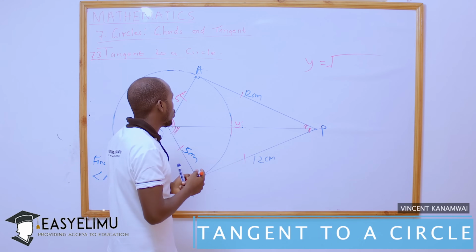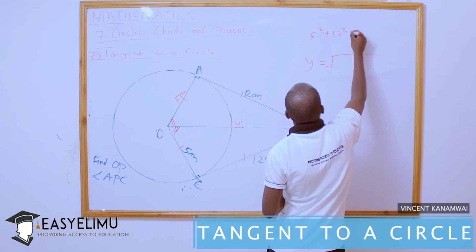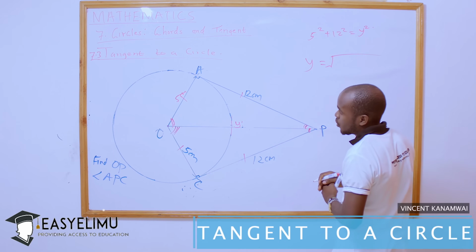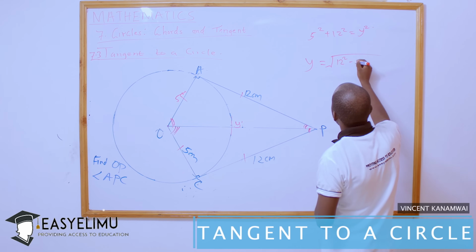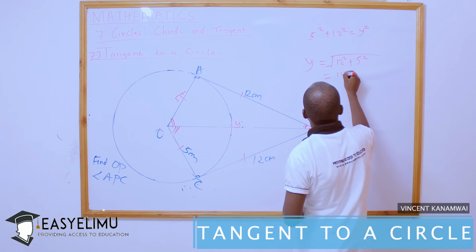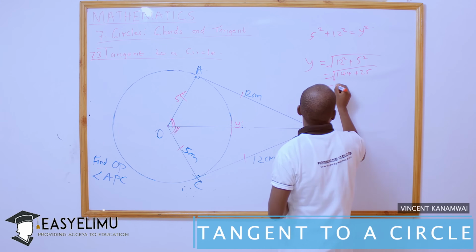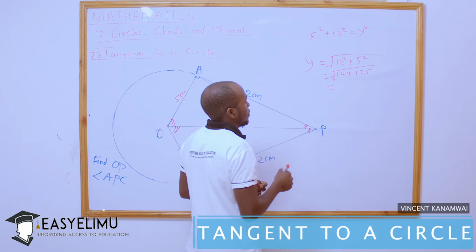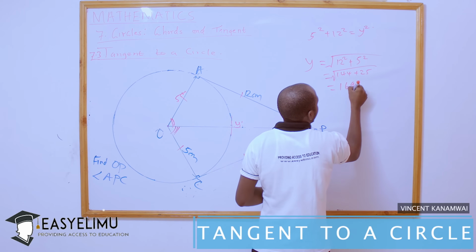From Pythagoras theorem, 5 squared plus 12 squared gives us y squared. But I need y, so I take y equals the square root of 12 squared plus 5 squared, which gives me 144 plus 25, which is 169.